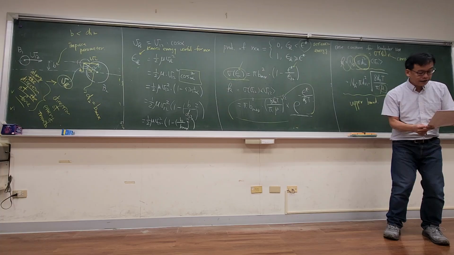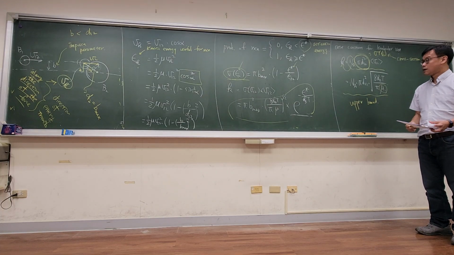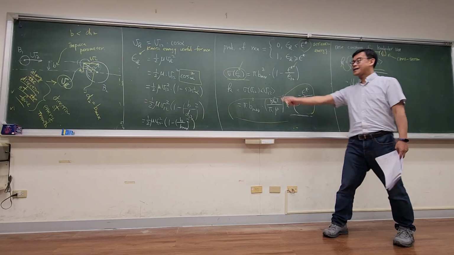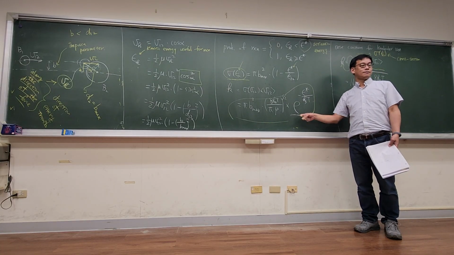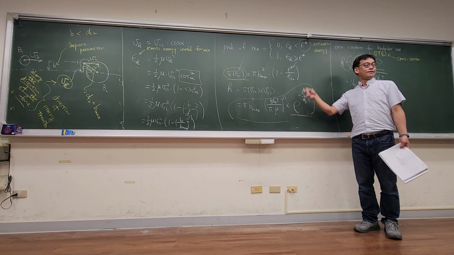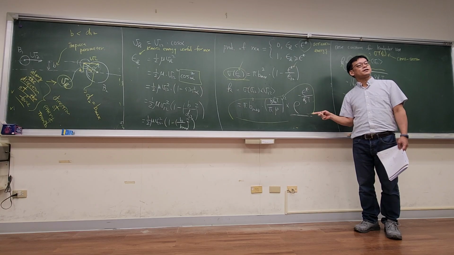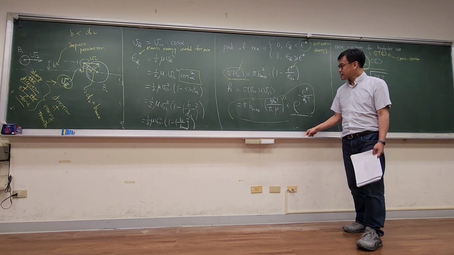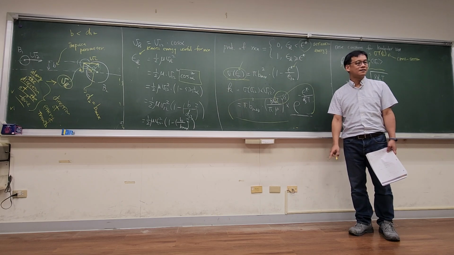So what's important here is we end up with this expression that has Arrhenius behavior for the activation energy. But this expression actually is not that Arrhenius, in the sense that you have another temperature factor here.